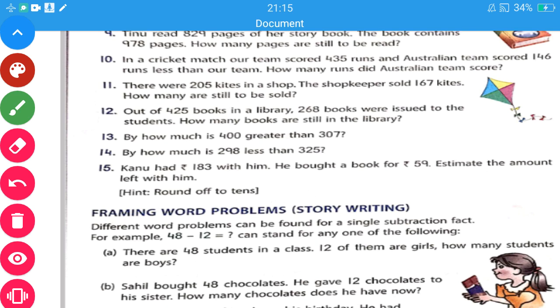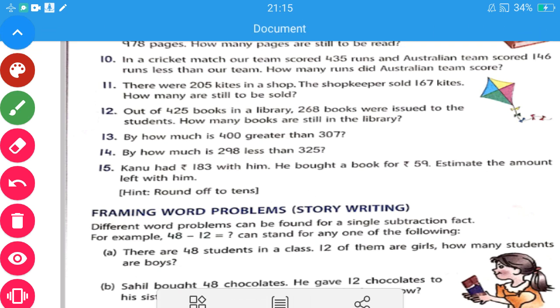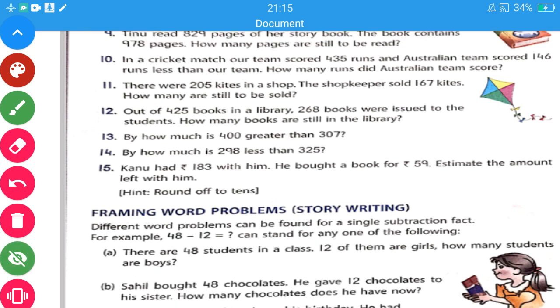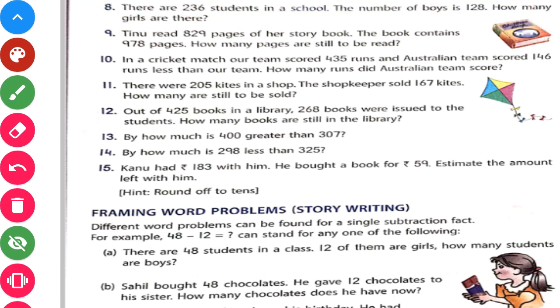Now question number 12. Question number 12 says, out of 425 books in a library, 268 books were issued to the students. How many books are still in the library?